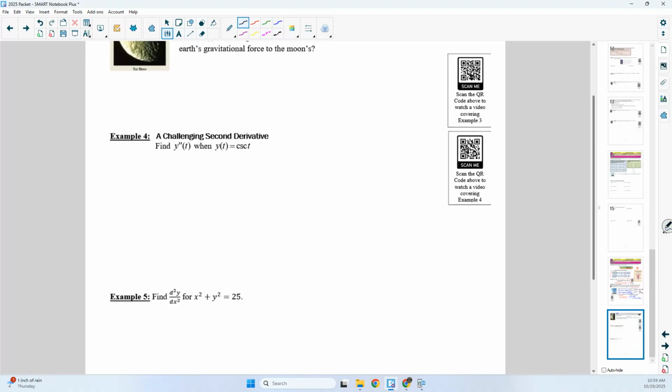So I have the second derivative of y of t, so we have to find the first derivative first. And the derivative of cosecant is negative cosecant of t cotangent of t. So t is not the best variable to have with some of these trig functions, but now I see to take the second derivative that I have to use the product rule.